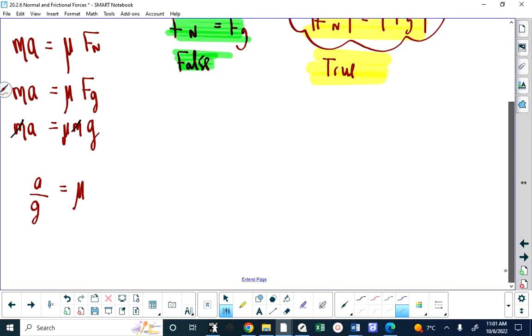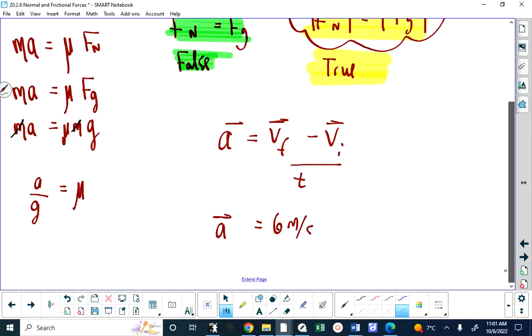Let me do the calculation and explain what I mean by that, in case it's lost on some of you. Acceleration is Vf minus Vi over t. So if we take 6 meters per second minus 12 meters per second and divide by the time of 5 seconds, you actually get a negative acceleration. I think it's 1.2, by the way, is it?